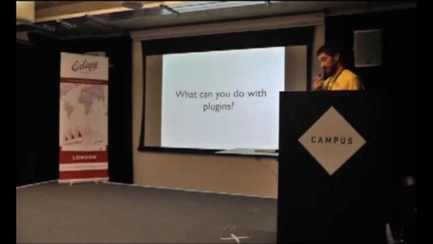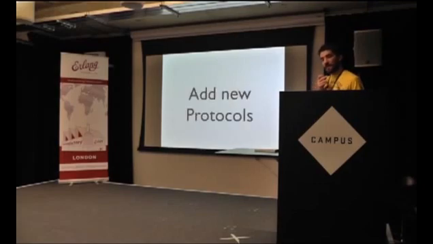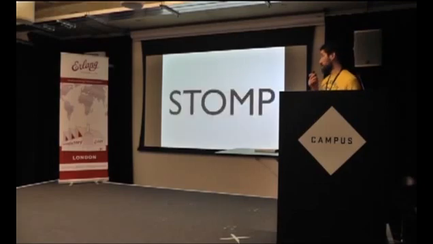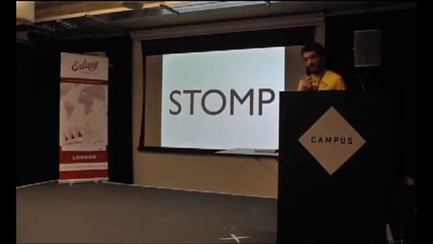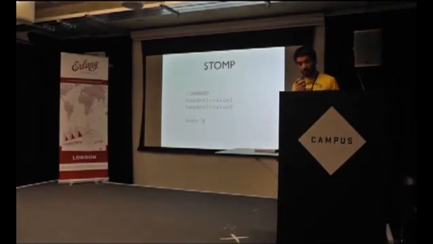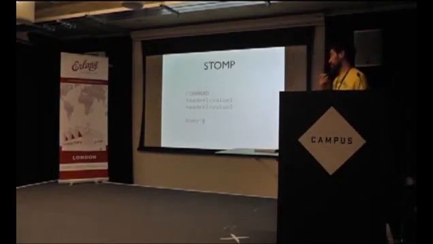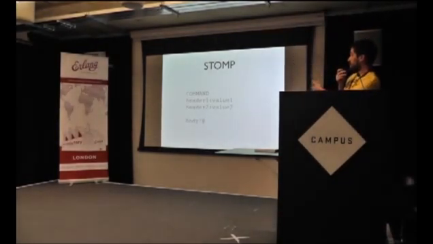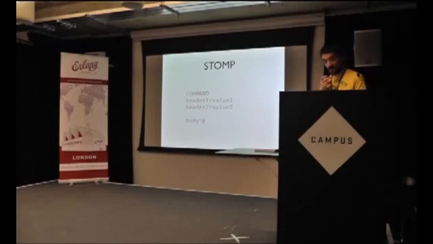So what can you do with plugins? You can add new protocols. So, for example, Stomp is a protocol that was added afterwards to RabbitMQ. And it's very simple, like you have the command, the headers, you press enter twice on your telnet basically, and then you send the body, and that's it. It's very, very basic.